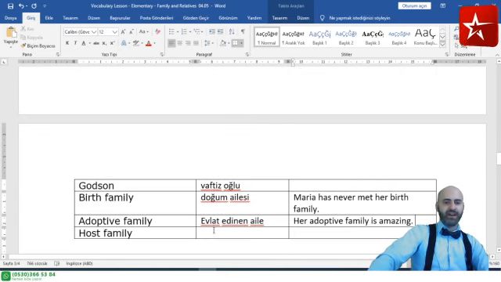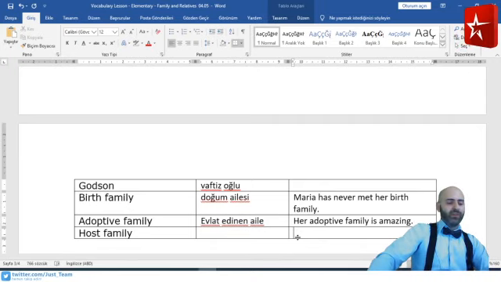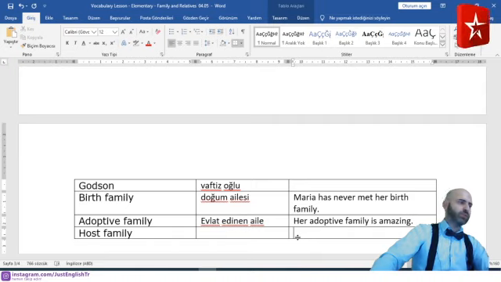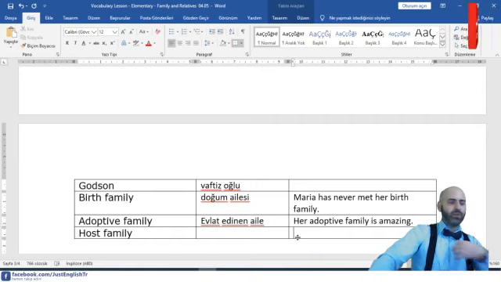The next word that I would like to explain to you is host family. This one I don't know how to say in Turkish, but host family is something like when you live with a family for a long time and they are your hosts. Host, you understand, yes? A guest and a host, okay? If I visit, for example, your house, I will be a guest, you will be my host.